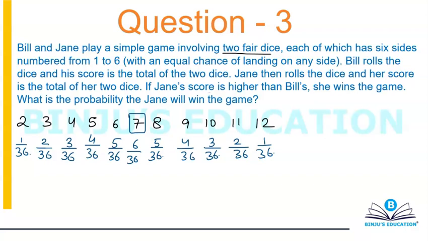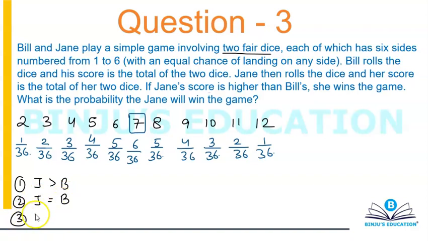So if I think about this question, can I say there are 3 possibilities? When these two guys are going to roll the 2 dice, there are basically 3 possibilities. One is Jane's score is higher than Bill's score. Second is Jane's score is equivalent to Bill's score.